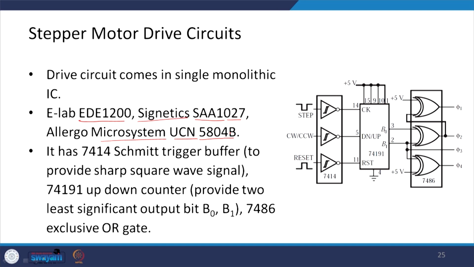These circuits have a 7414 Schmitt trigger buffer to provide a sharp square wave signal, a 74191 up down counter which provides the least significant output bits B0 and B1, and 7486 exclusive OR gates. Some of these things I will be taking up in my coming lectures.